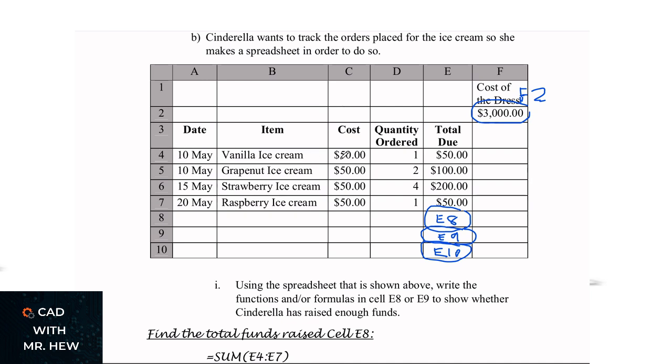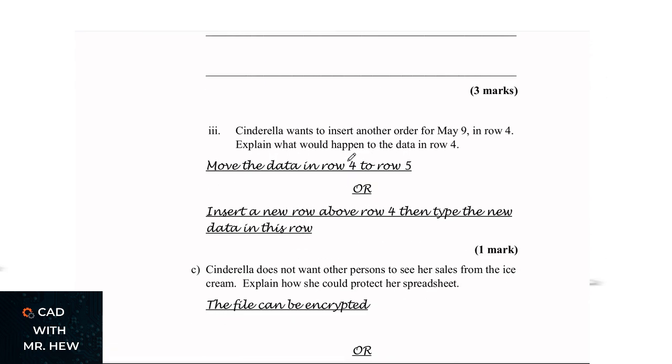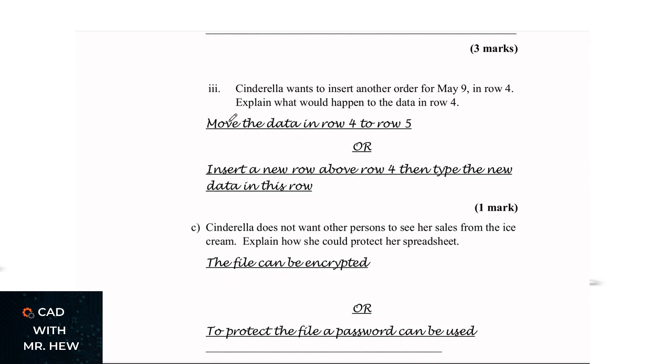So it is asking you about how would you do it, right? So here's the answer. Move the data in row 4 to row 5, or insert a new row above row 4, then type the new data in this row. Any one of these two answers would give you 1 mark.